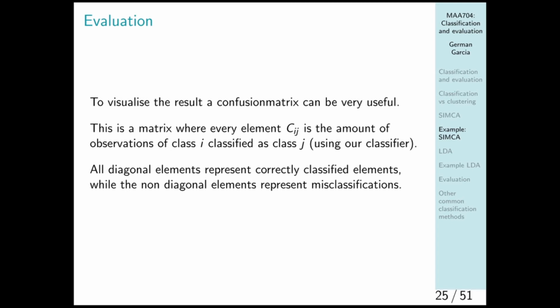A confusion matrix is a matrix such that the element in the ith row, jth column is the number of observations of the row class classified as the column class. What does this mean? It means diagonal elements represent correctly classified elements, while non-diagonal elements represent misclassifications.